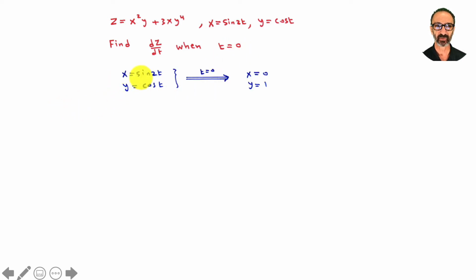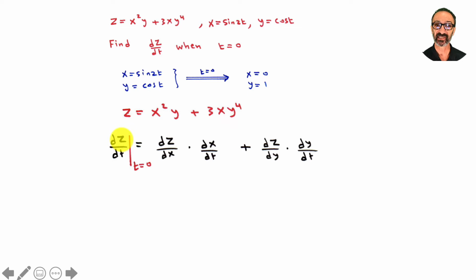Since I have x equals sine 2t and y equals cosine t, when t equals 0, we get x equals 0 and y equals 1. Here's my main function. Here's dz/dt, which is dz/dx times dx/dt plus dz/dy times dy/dt.